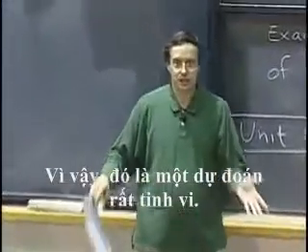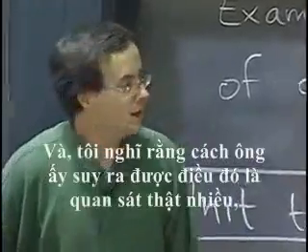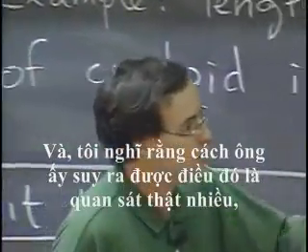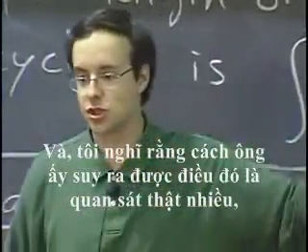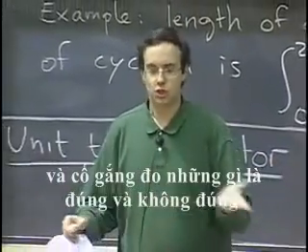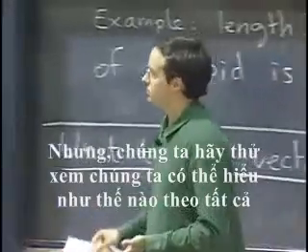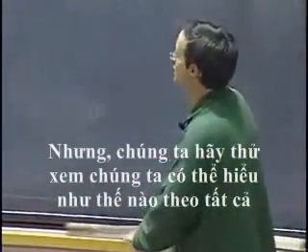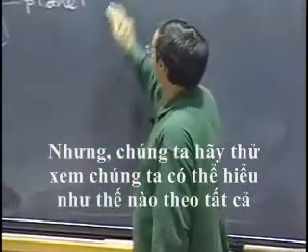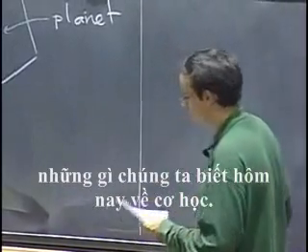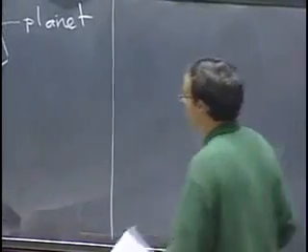So it's a very sophisticated prediction. And I think the way he came to it was really just by using a lot of observations and trying to measure what things were, what was true, what wasn't true. But let's try to see how we can understand that in terms of what we know today about mechanics.